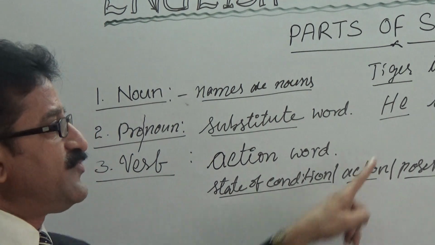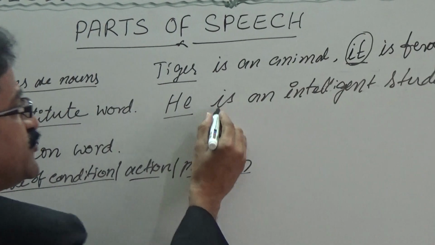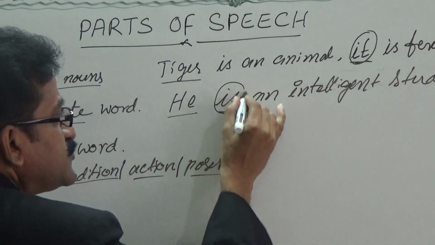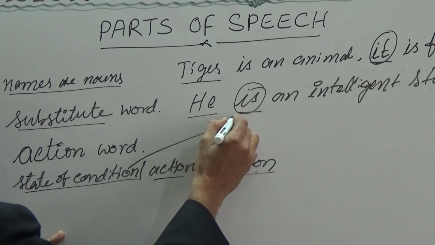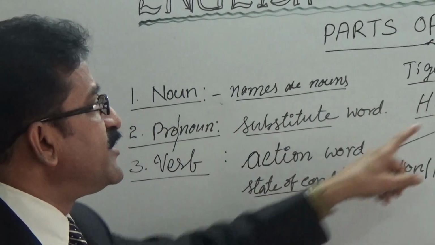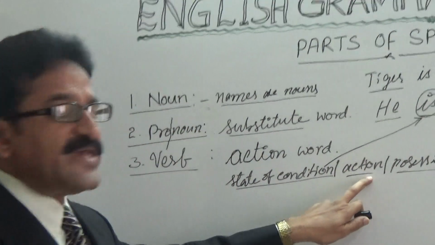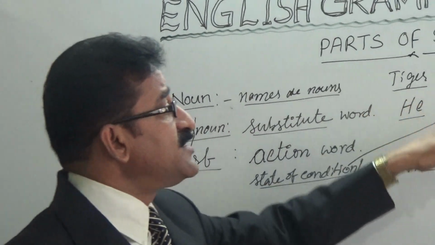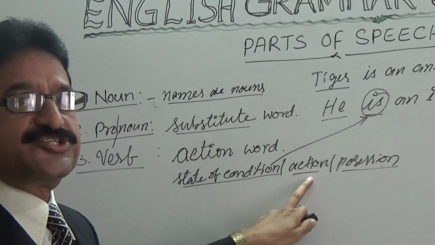State of condition. For example, here he is an intelligent student. Here we are using "is". To mention the state of condition, we are using "is". Like that, we can use action. For example, the tiger is running. Running is used as an action.